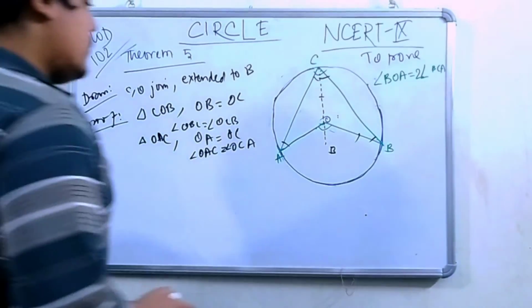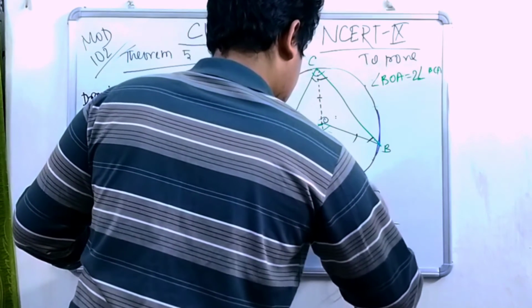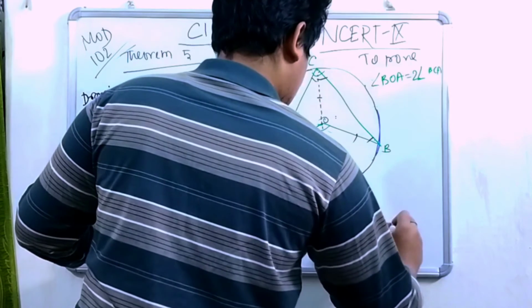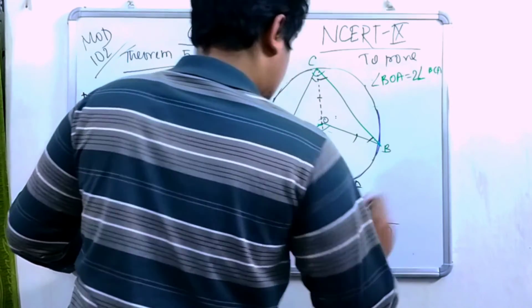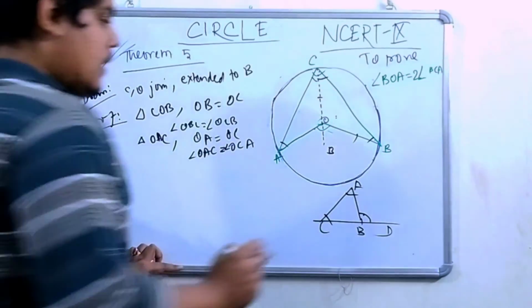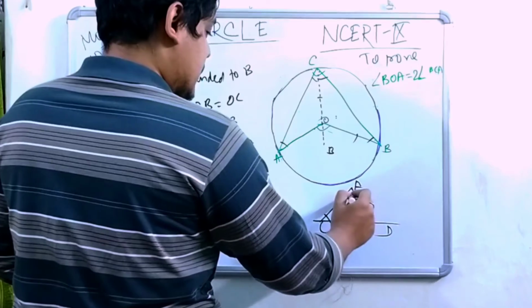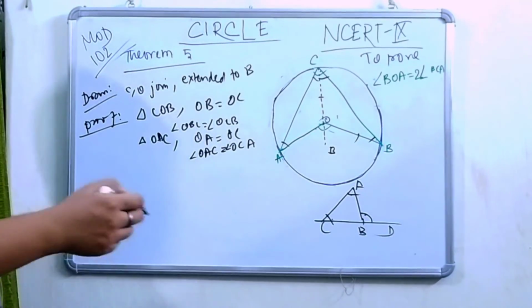Now what we know is that if this is a triangle and this is an angle, the value of this angle is equal to the sum of these two. You have heard this in previous classes.